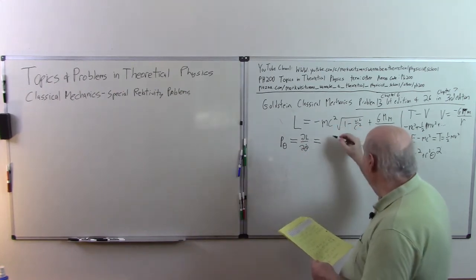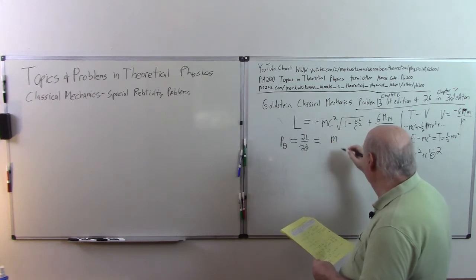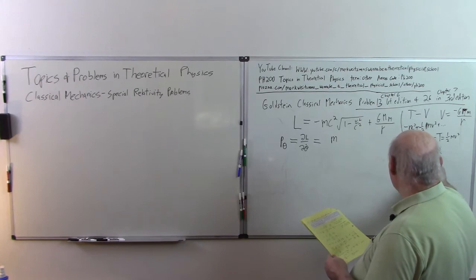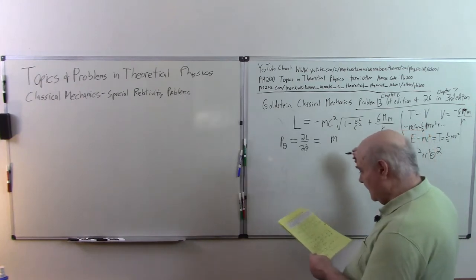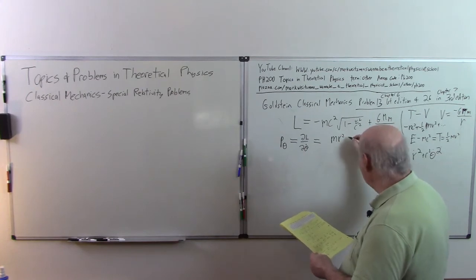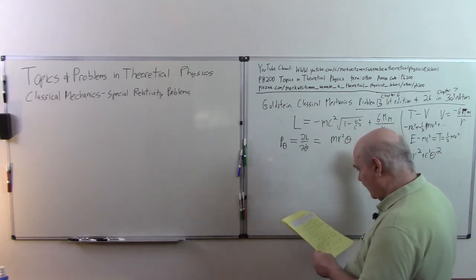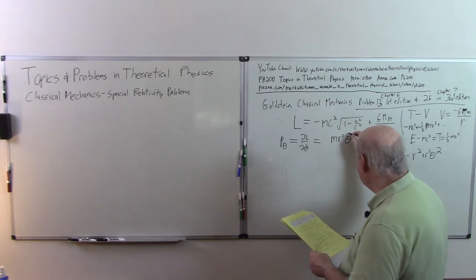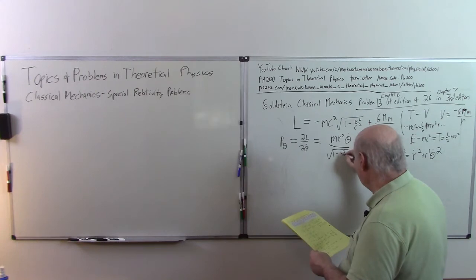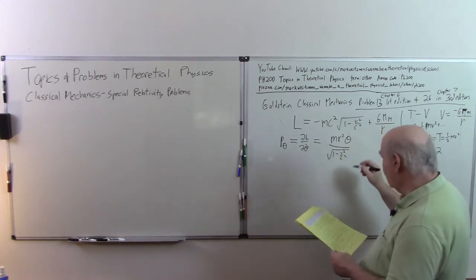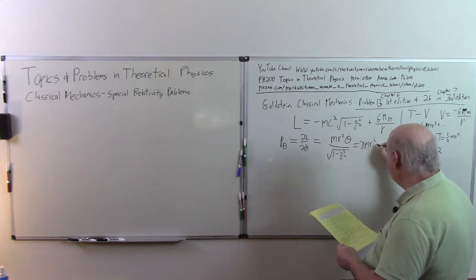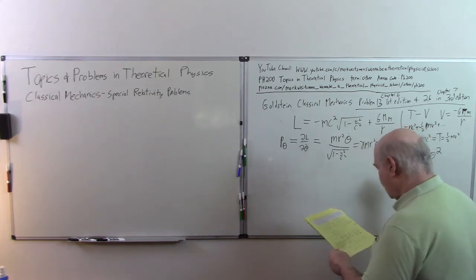This is equal to m, and you just take derivatives here, because this v squared brings in the theta dot term. So this becomes m r squared theta dot divided by the square root of 1 minus v squared over c squared, which we'll just write as gamma m r squared theta dot.